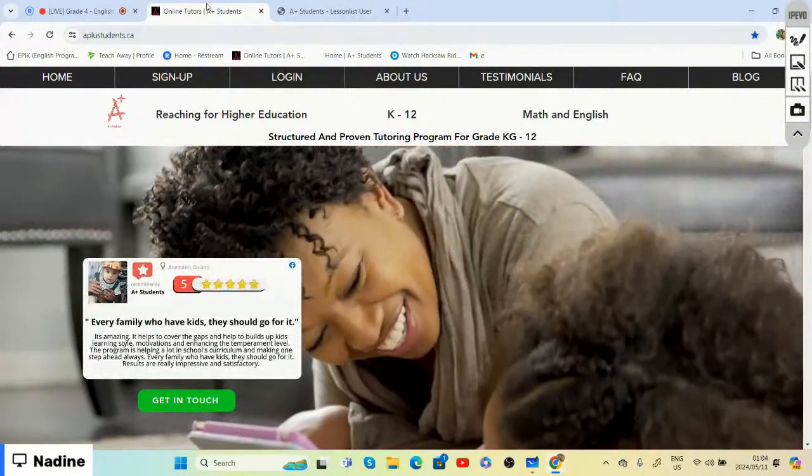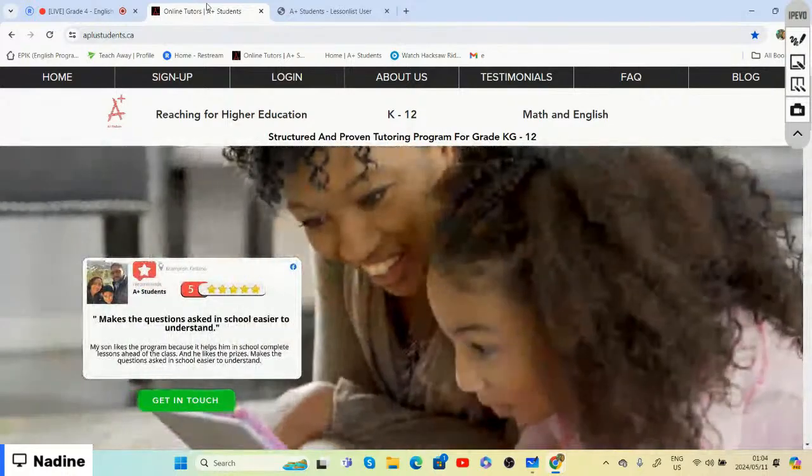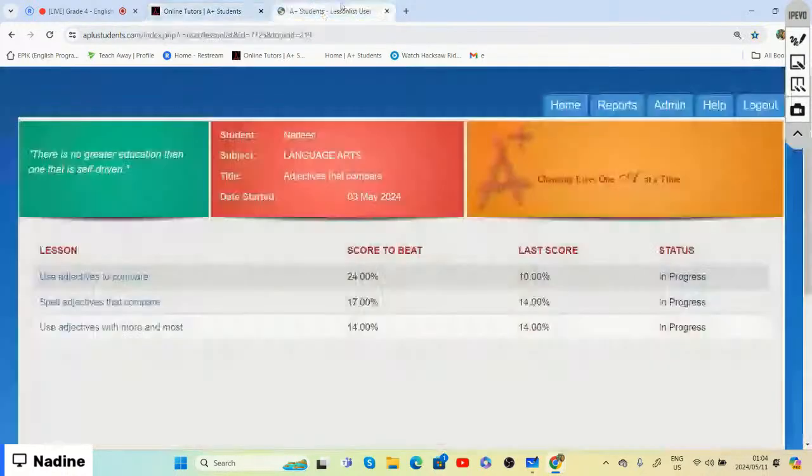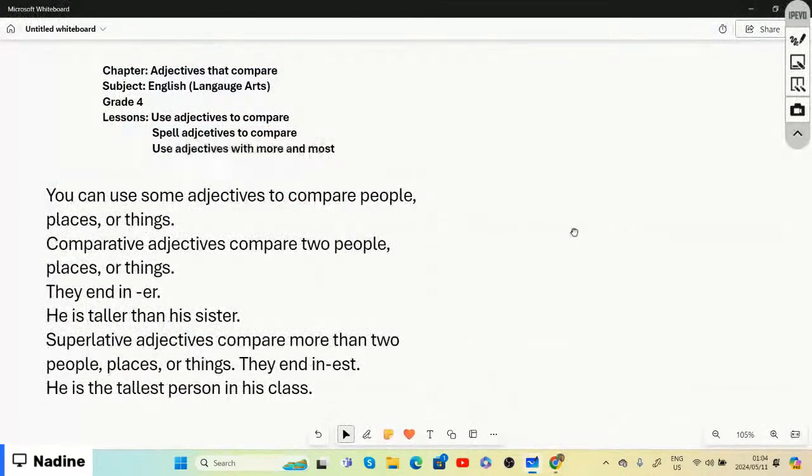and then we're going to scroll down until we get to the chapter of adjectives that compare. So our chapter is adjectives that compare. Our subject is English Language Arts. Grade 4.